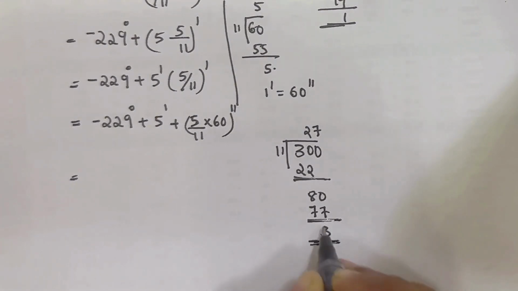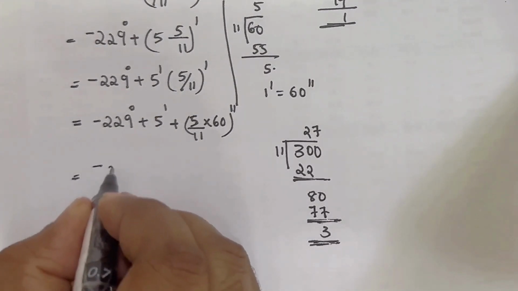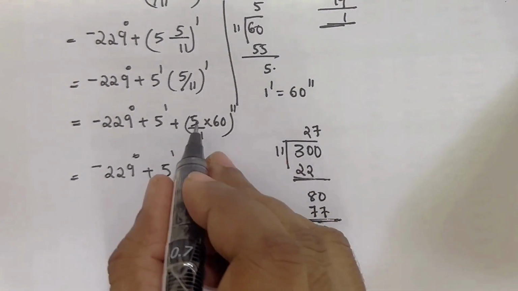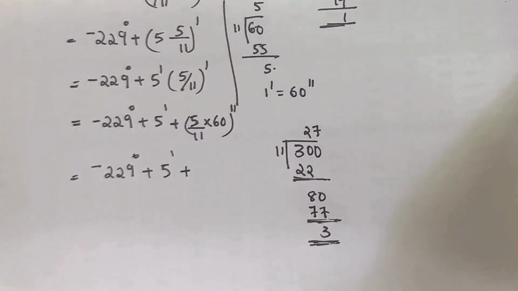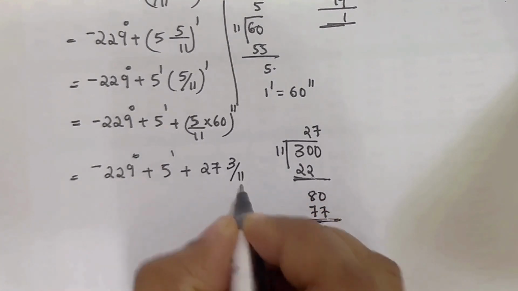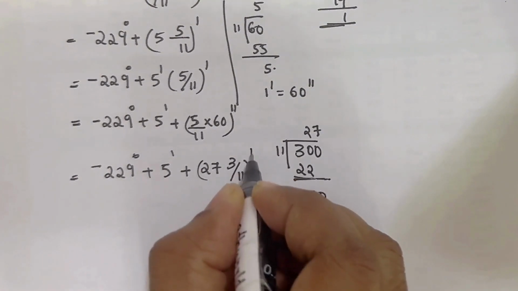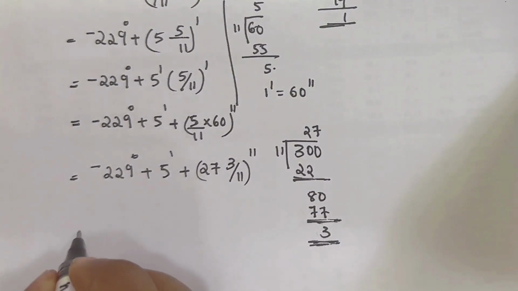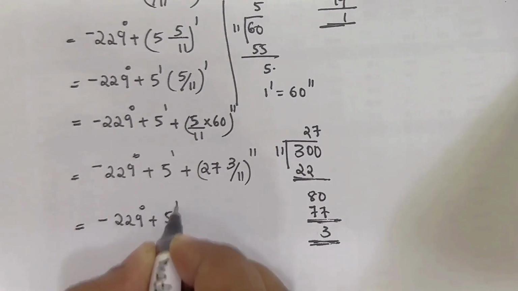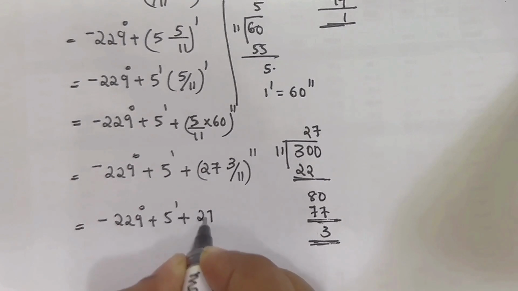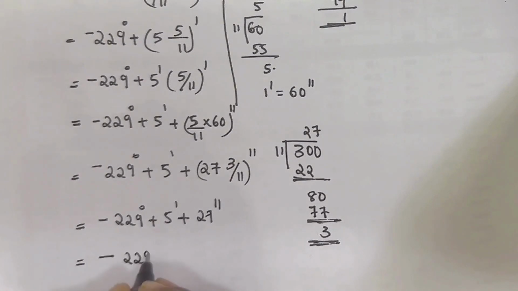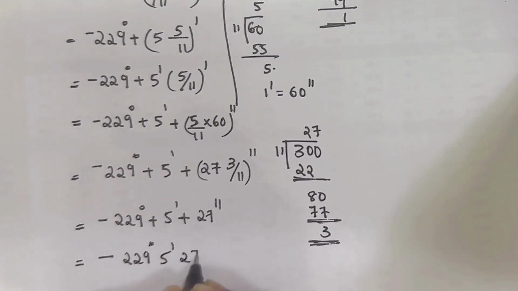Stop here. 27 is the quotient, and the remainder gives 3 by 11 seconds. So the final answer is approximately negative 229 degree, 5 minute and 27 seconds.